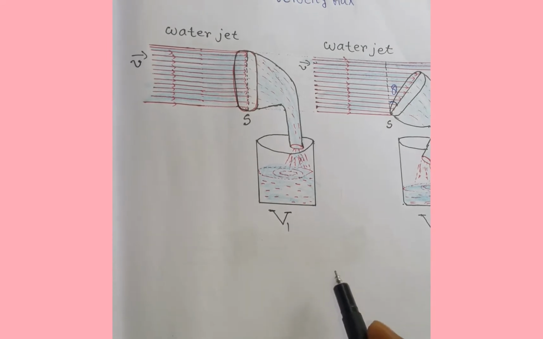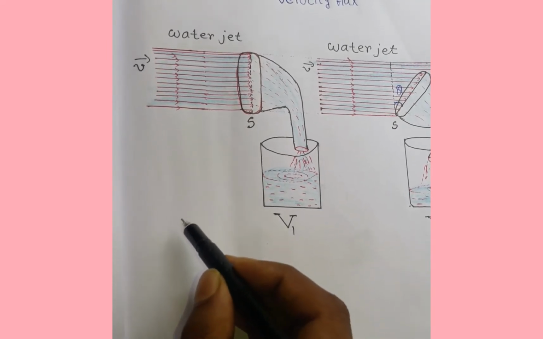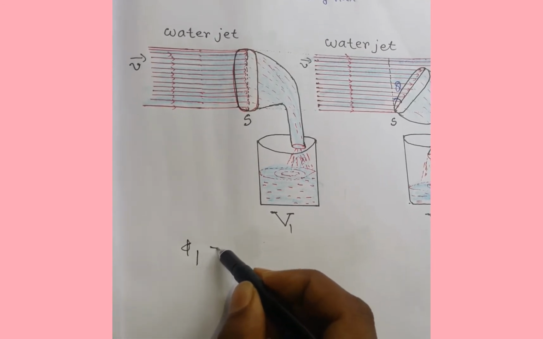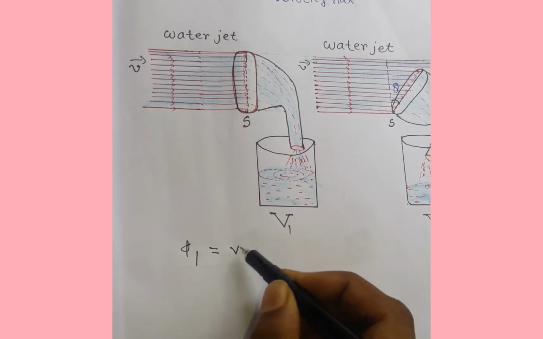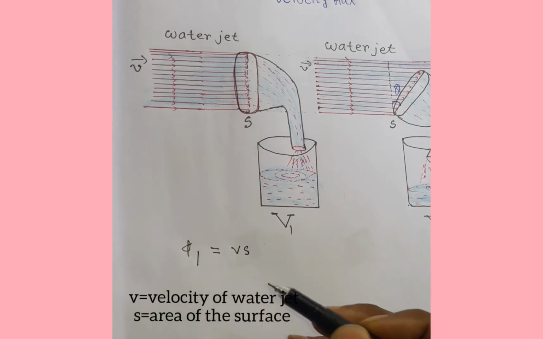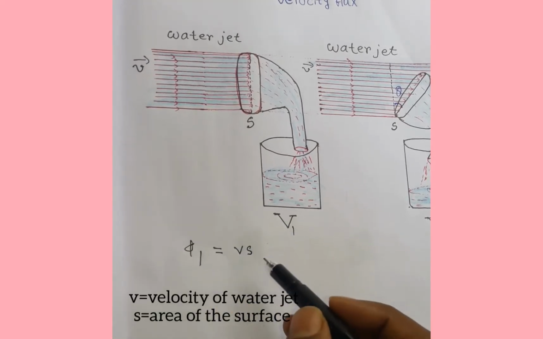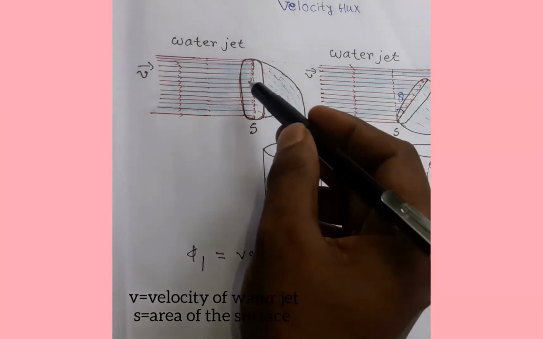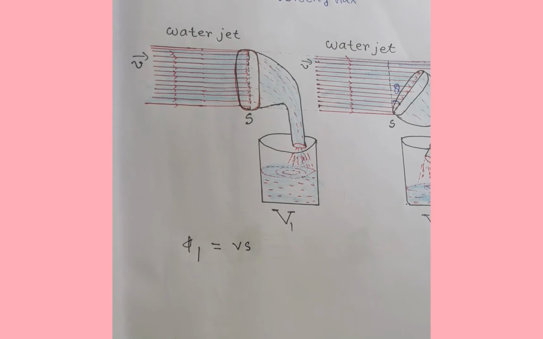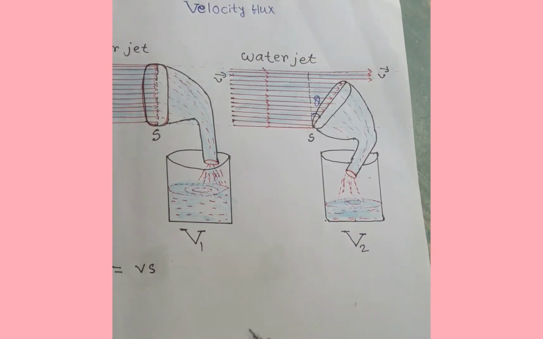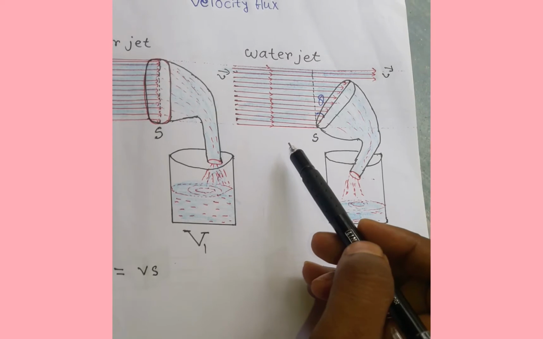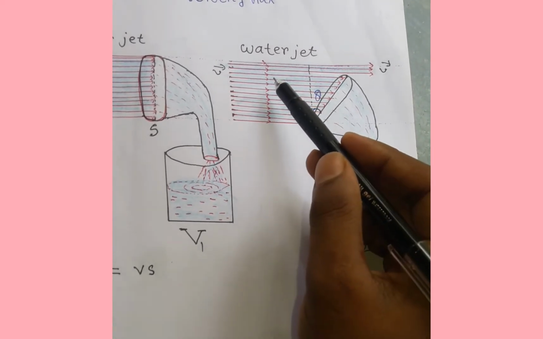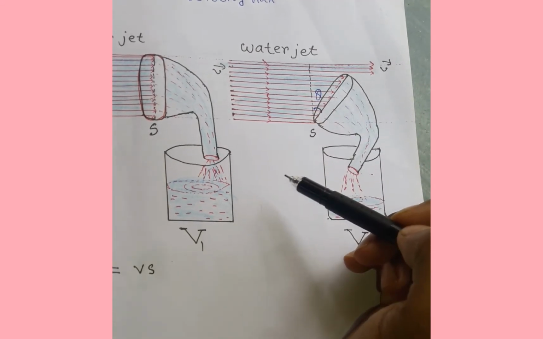Therefore, the rate of flow of water in the first case, phi 1, equals V into S. We know this is the rate of flow of water through the surface S. In the second figure, the surface of the water collecting system is tilted at an angle theta with the direction of the water jet.